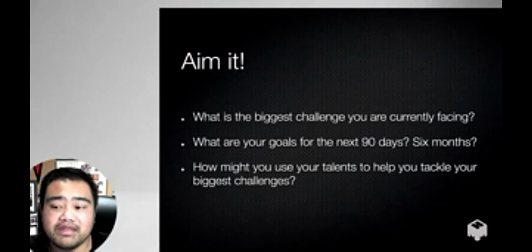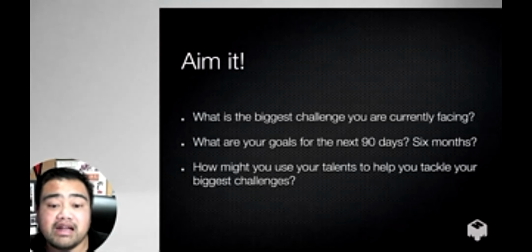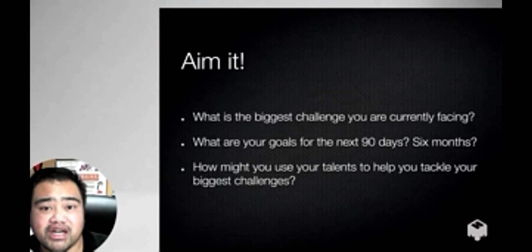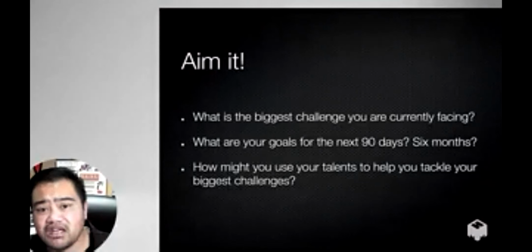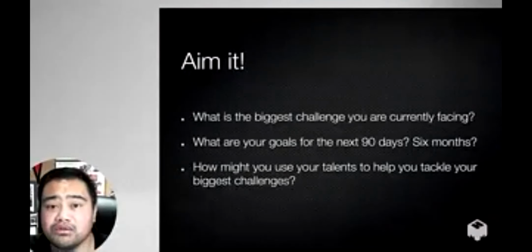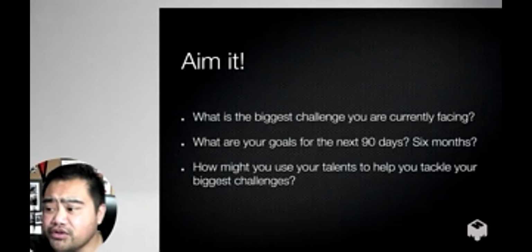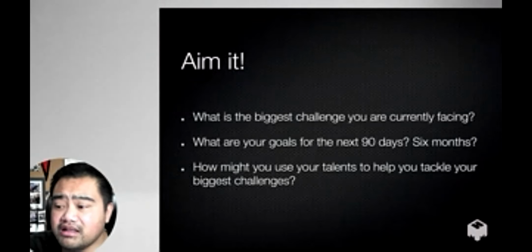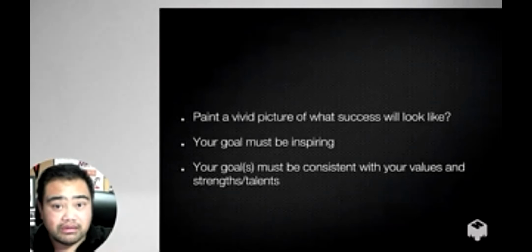These are things that you could use to help you not only in terms of career planning, but short-term decision-making, short-term planning. And 3, how might you use your talents or strengths to help you tackle your biggest challenges? That's how you could apply your signature themes to goal setting and to developing that action plan for future goals.